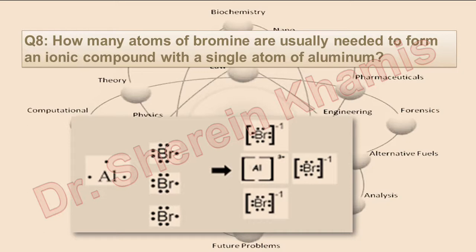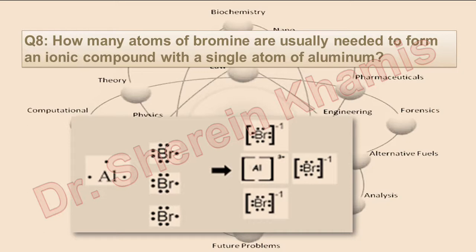And the second one here, we want to know the number of bonded pairs of electrons. If we have 3 electrons in aluminium and 3 electrons in each bromine atom, so we have 3 bonded pairs of electrons.